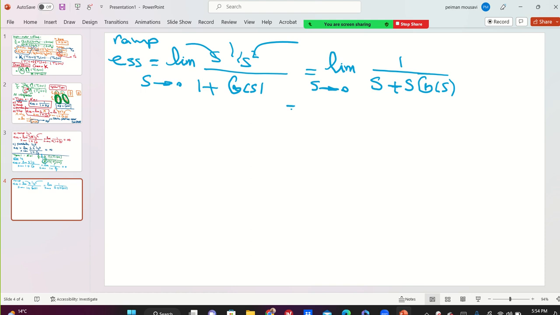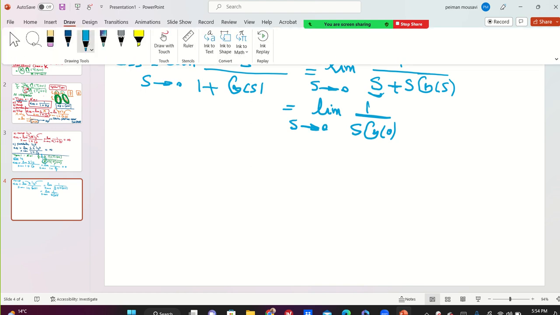This equals a limit of, if I put s here, and I'm going to keep it here, G0. Bear with me. Here I'm going to define a new parameter.